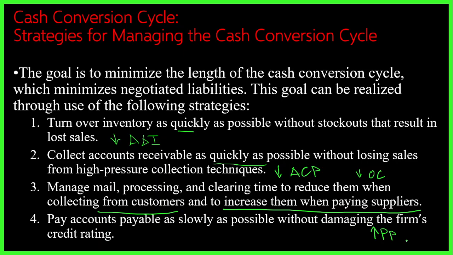And the higher the payment period, you will now have lower cash conversion cycle. Pay accounts payable as slowly as possible without damaging the firm's credit rating. Sabi kasi, without damaging the firm's credit rating. Sa akin naman, you pay accounts payable as slowly as possible without being unethical.